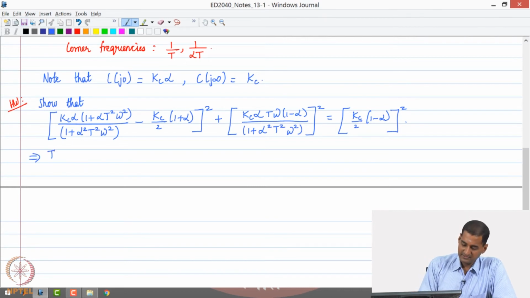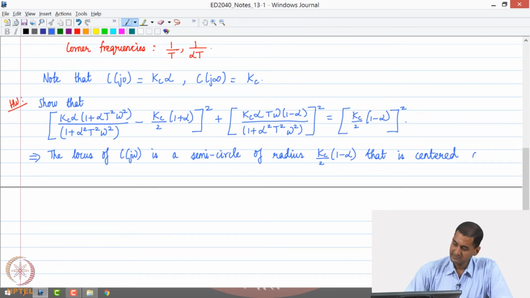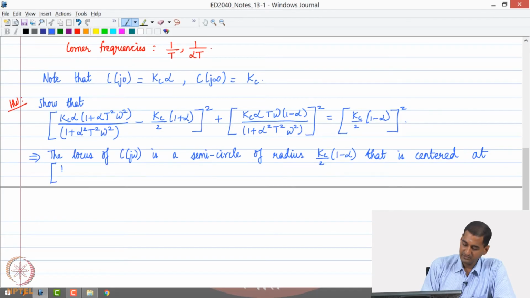So we can immediately observe that the locus of C(jω) is a semicircle of radius Kc by 2 times (1 minus α) that is centered at (Kc by 2 times (1 plus α), 0).